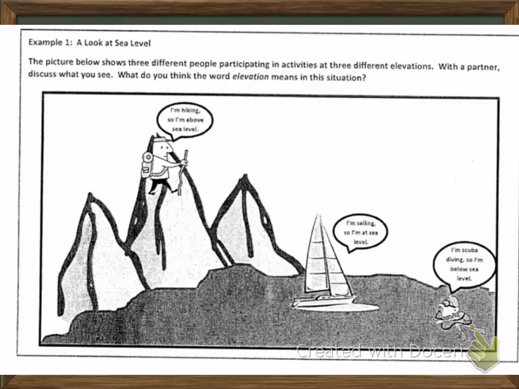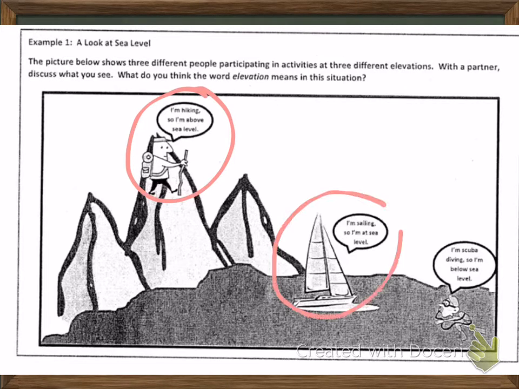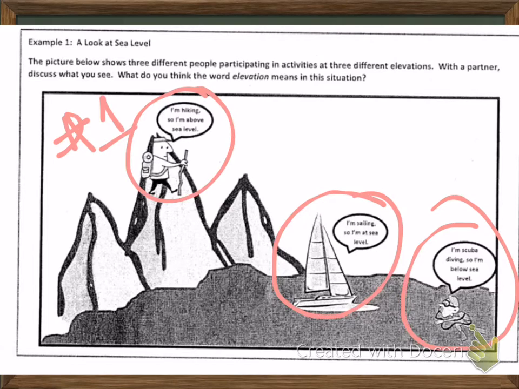Okay, so this little guy right here is saying, I'm hiking, so I'm above sea level. And this person here is saying, I'm sailing, so I'm at sea level. And this guy down here says, I'm scuba diving, so I'm below sea level. So in your notes, you probably wrote something like this: guy number 1 was hiking the mountain, so he would be above the elevation of sea level.